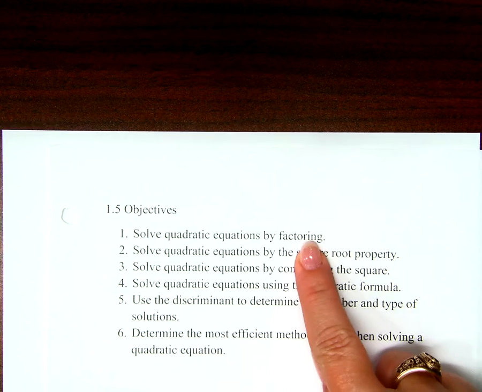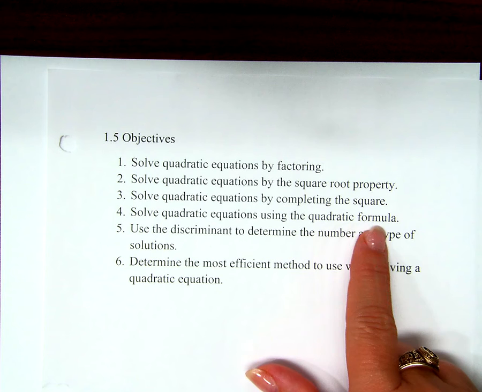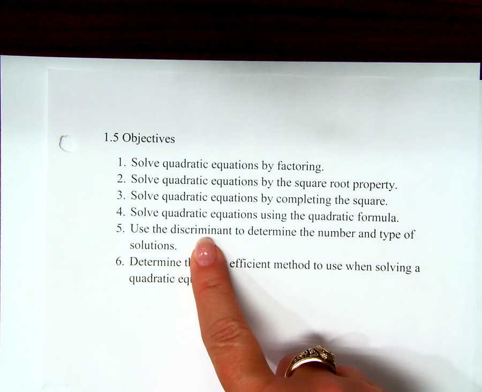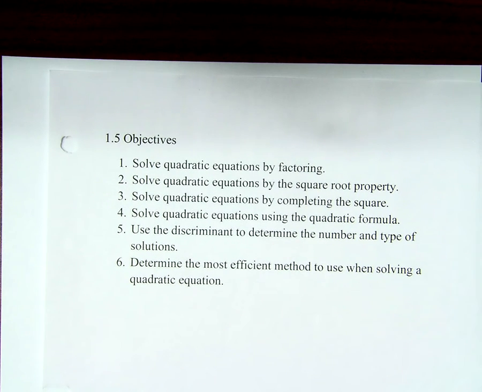So factoring we've talked about, square root property we've talked about, completing the square we've talked about. Quadratic formula. Okay, we're going to talk about quadratic formula and the discriminant at the same time, just as a reminder. Do you remember what the quadratic formula is?